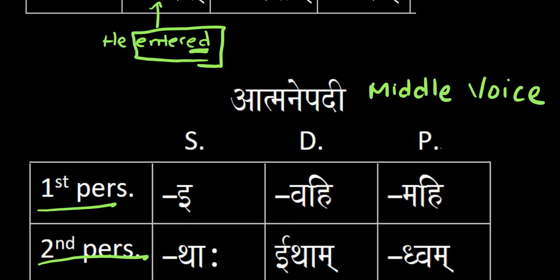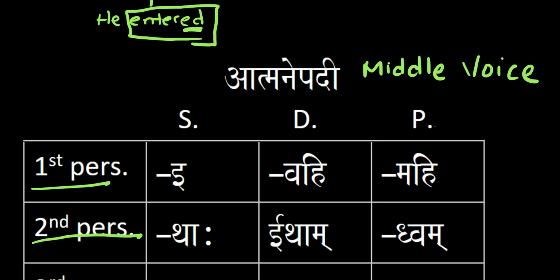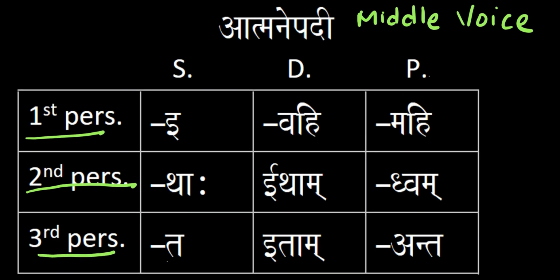Remember that the middle voice is atmanepadi in Sanskrit. Termination endings, third person singular, dual, and plural: ta, itam, and anta. Second person singular, dual, and plural: thah, ithaam, and dhwam. First person singular, dual, and plural: i, vahi, and mahi.